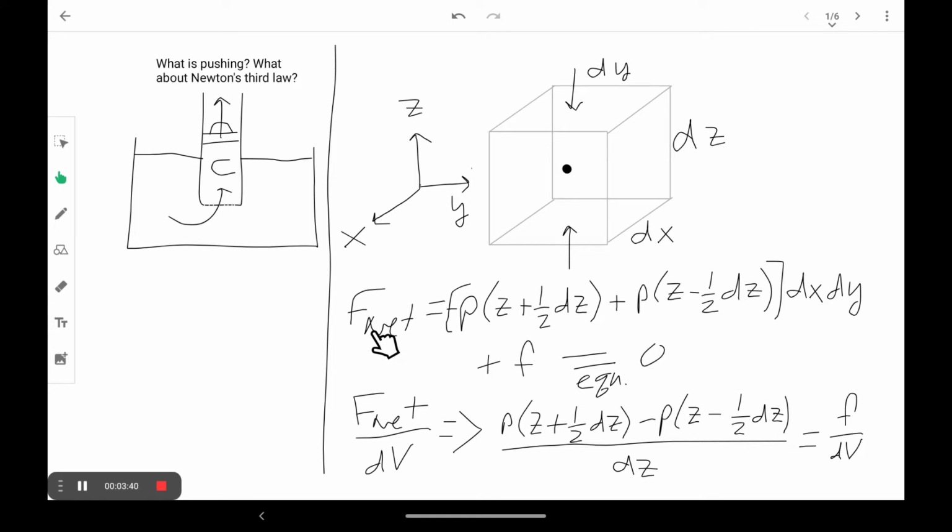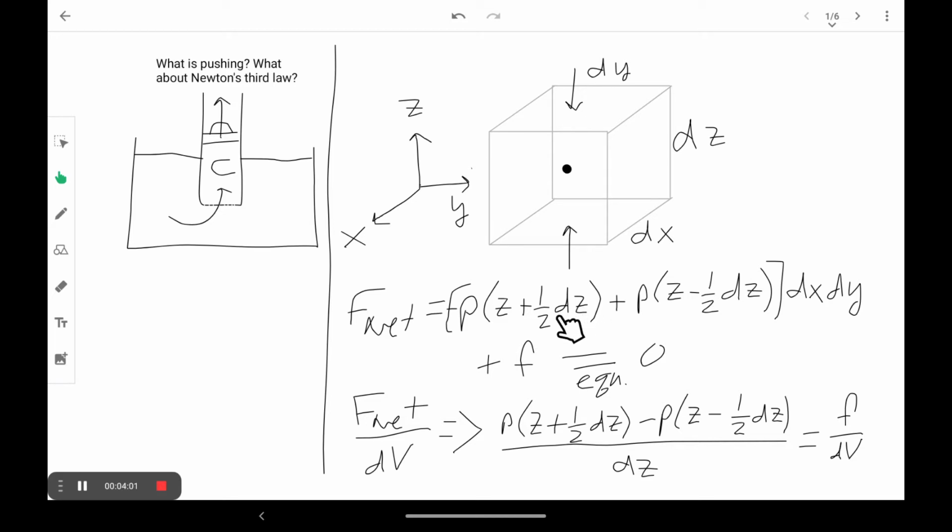So this is the net force pushing up. Now, horizontally, there is no net force because they're at the same level in the bath, and so the pressure is constant all the way around at the same level. But there's a slight decrease in pressure at the top compared to the bottom because of the depth difference in the bath.